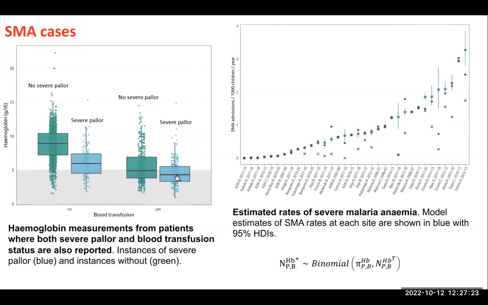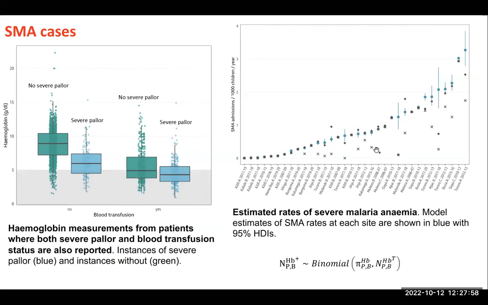And so the predictive performance of these two proxy measures was then formally assessed within a Bayesian framework. And we used a binomial distribution, and the results are shown by the graph on the right. So the graph on the right shows you the estimated rates of SMA on the y-axis, and on the x-axis, we have the sites. So the green circles with the vertical lines show you the predicted median rate of SMA with their credible intervals using all three measures.